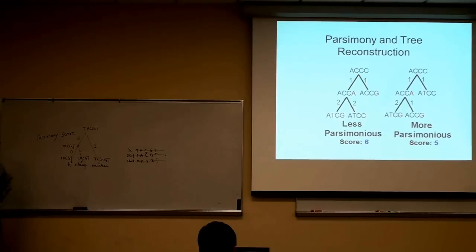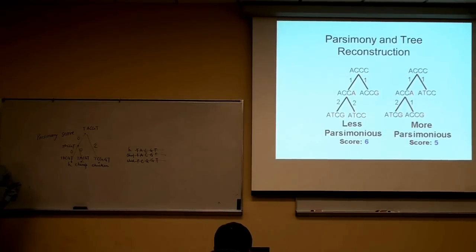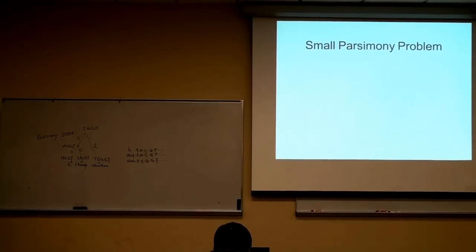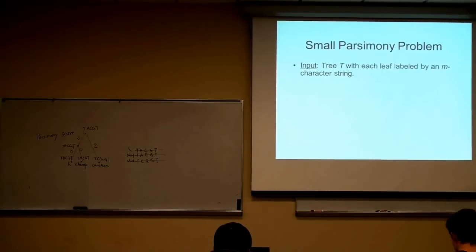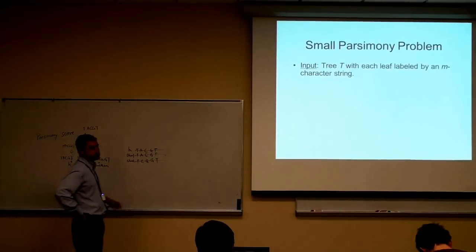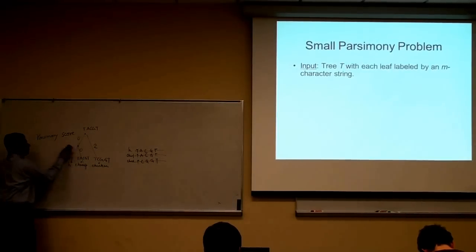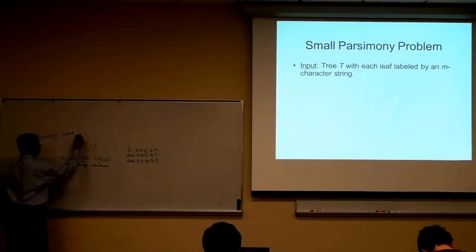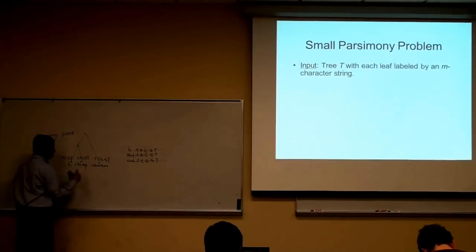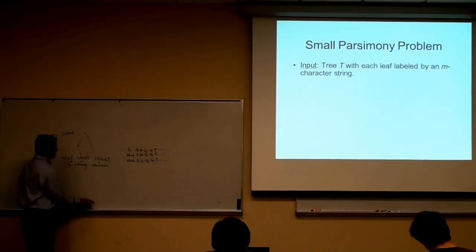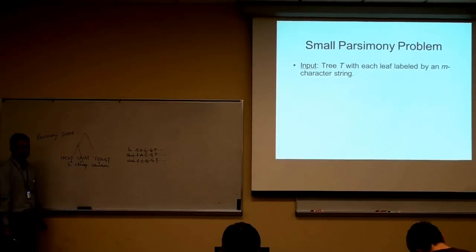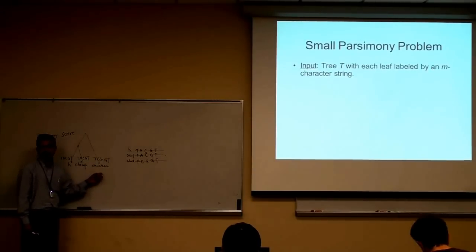And this is a very daunting task. But I'll simplify it for you and then ask you for ideas. I'll define the so-called small parsimony problem. Small for easier, actually, where the topology is given to you. So you're told this is the topology: these two are siblings, and this is next, further away.